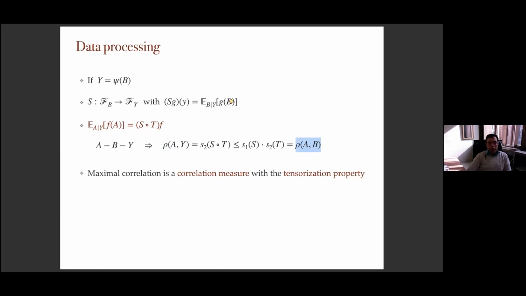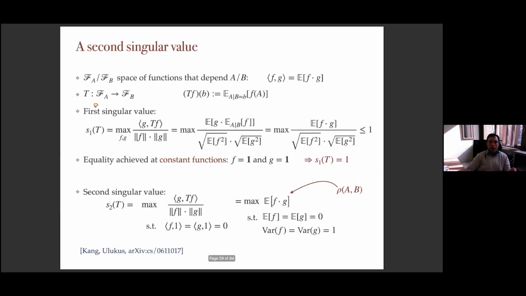Here I should tell you a bit more about this operator S and T. As I said, you can think of the space of functions as an inner product space. So let me go back to the previous slides, maybe here. You can think of the space of functions of both A and B as an inner product space with this inner product.